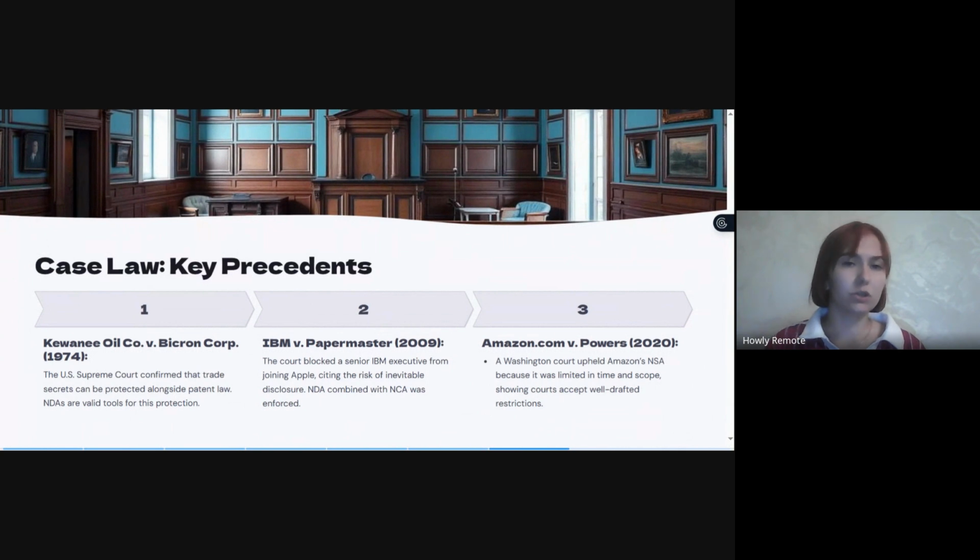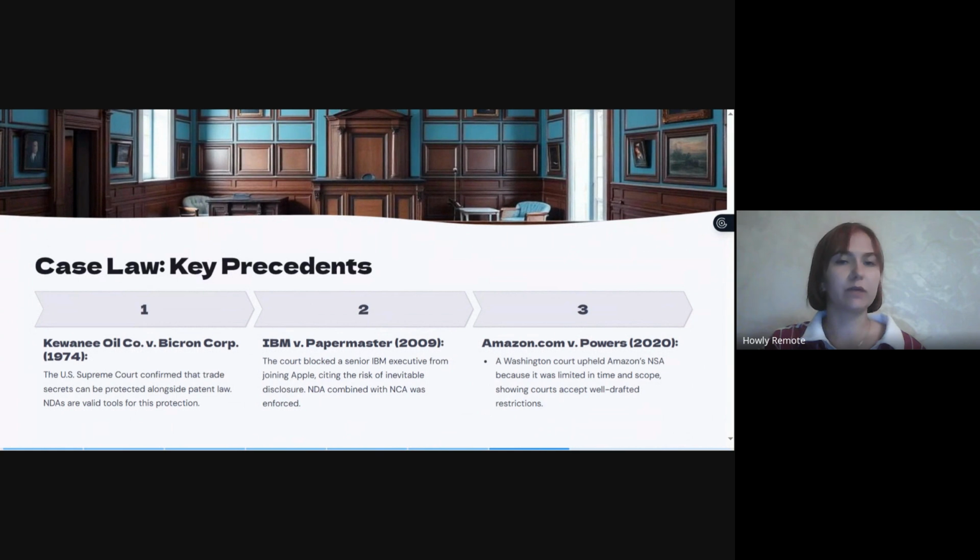The court issued an injunction, which is a legal order that stopped Papermaster from starting work at Apple for a certain period. The court did not need proof that he had already disclosed secrets. It was enough that disclosure was likely due to the nature of his new position.